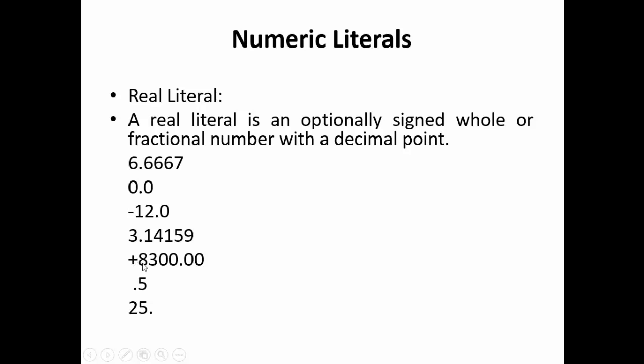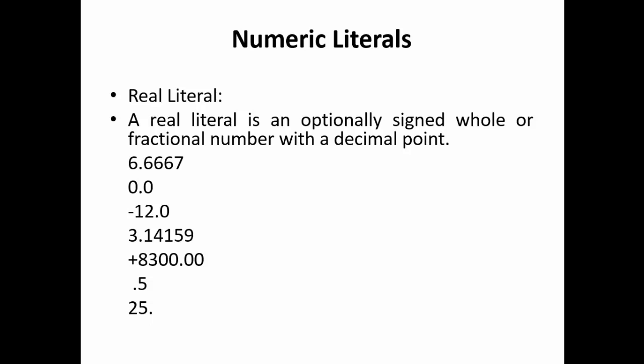So 8300 is a positive real number. Look at this 0.5, before the decimal point we don't have any digits, so this is equal to 0.5. Similarly, you look at this last number, this is 25.0 actually. You can also write it like 25 point, and this is also a real number.